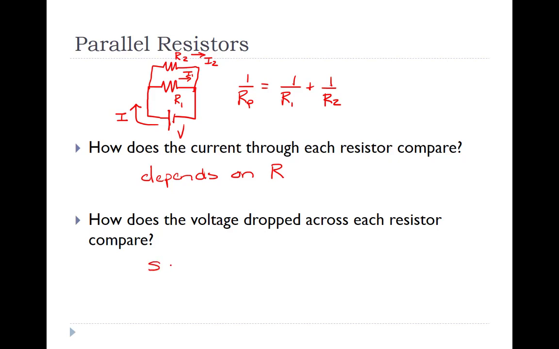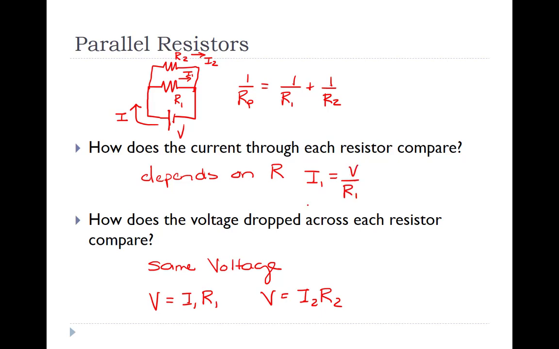So they have the same voltage. And it has to be the case that V equals I1 R1 and V equals I2 R2. And with that, I can write that the current I1 is V divided by R1, and the current I2 is V over R2.